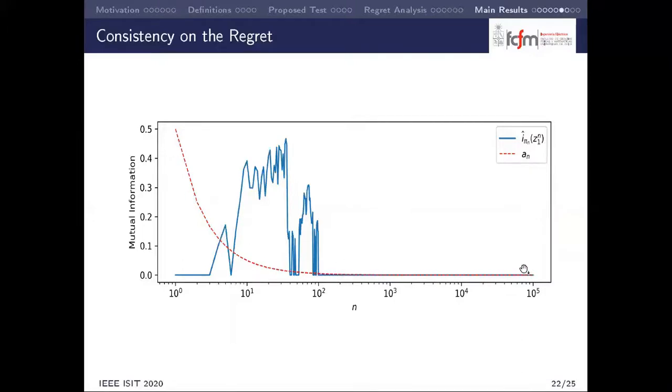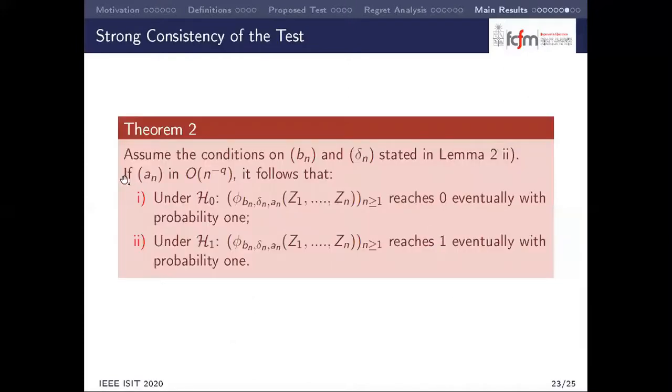So this gives us a criterion to define the threshold, and that is what we use in theorem 2, because if we define the threshold as vanishing at a polynomial velocity, then we obtain the strong consistency of the test, in the sense that it will reach the right decision eventually with probability 1, as we have defined it before. Okay, so those are the main results.